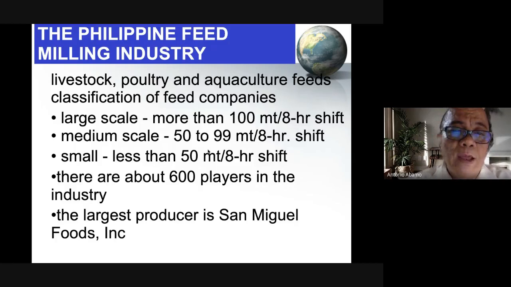They have a concession to import a certain volume of corn. If you are a new player, you have to secure a certain volume from them, you have to buy a certain volume so that you can be part of the importation. So it's not really easy to enter as an industry also. It's controlled by five major players.